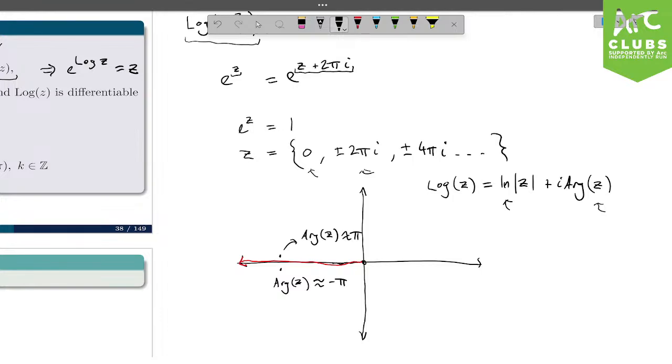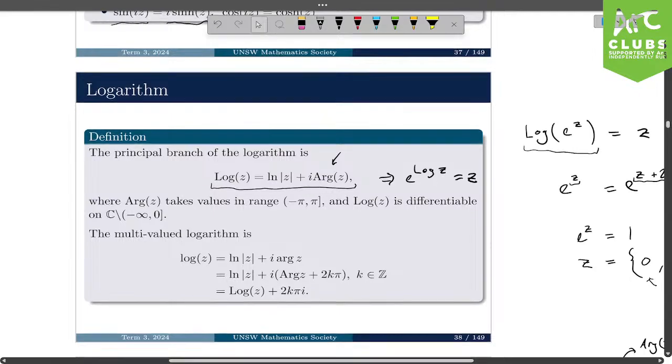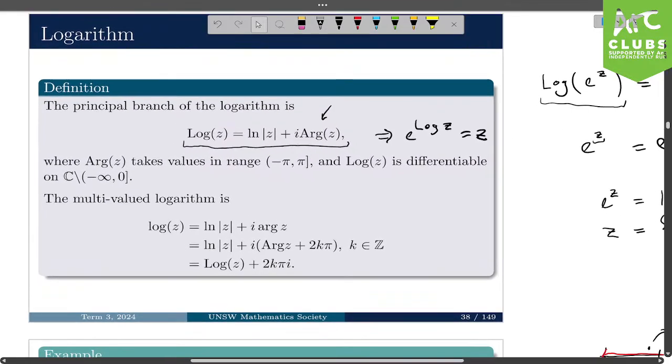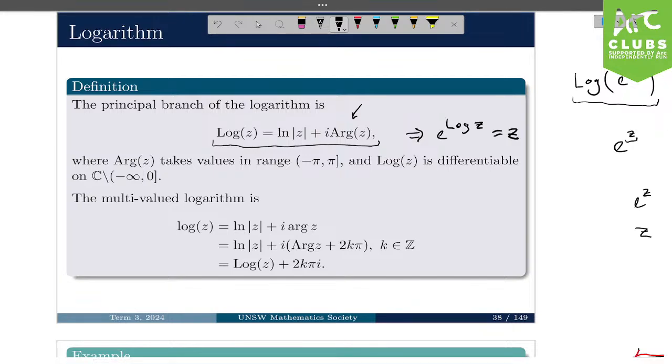So if a point crosses over this boundary, it's going to have to jump from an argument of negative pi to pi. That's where the discontinuity comes from. So that's something to be aware of when you're working with this function, but other than that, it's pretty well behaved.